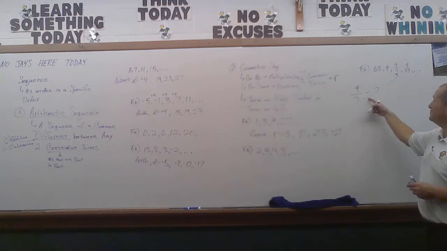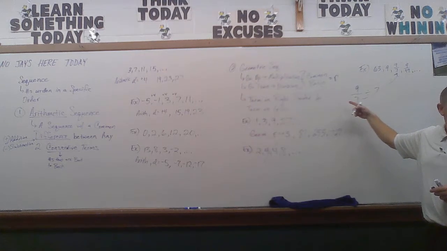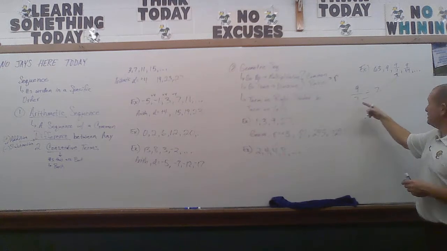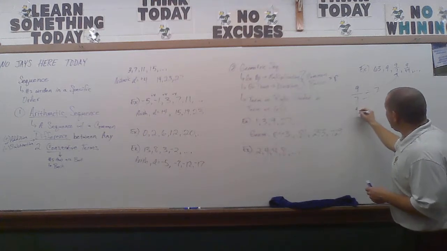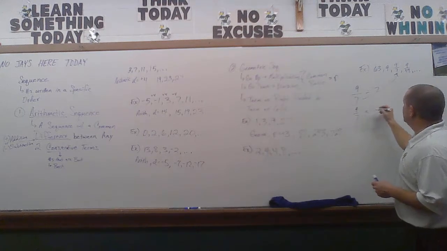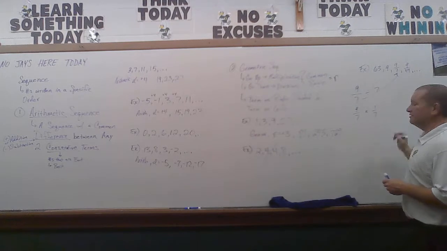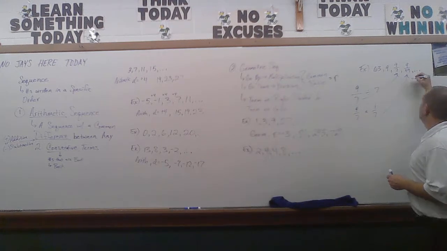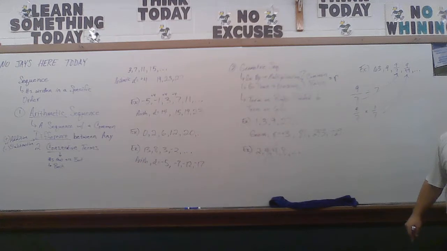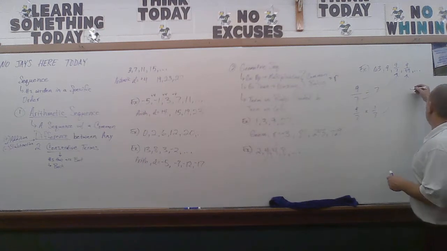What do I have to do if I'm dividing and it involves fractions? Keep, flip, change, right? So what's 9 sevenths times 1 over 7? So do I have a sequence? Yes. What kind is it?